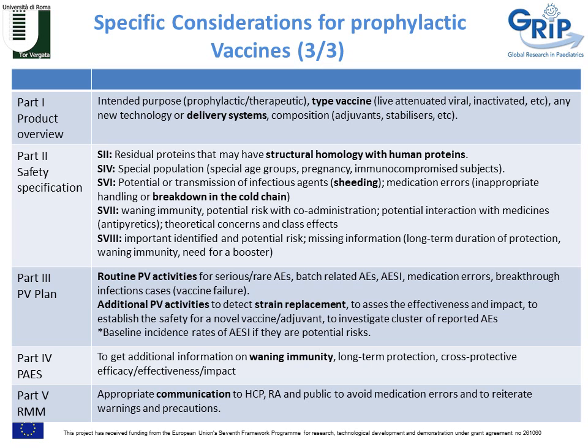In Part 3, the additional PV activities, we have epidemiological studies to detect strain replacement. Part 4, post-approval efficacy studies, is where we get additional information on waning immunity, long-term protection, cross-protective efficacy, effectiveness, and impact. Part 5 is for the risk minimization measures, where we can add appropriate communication to avoid medication error.